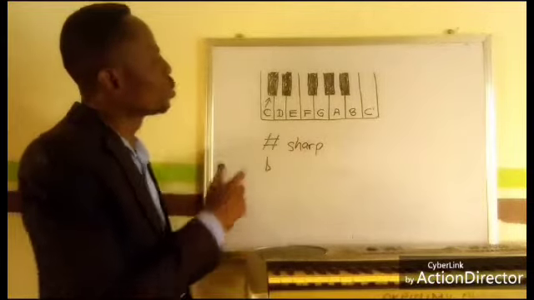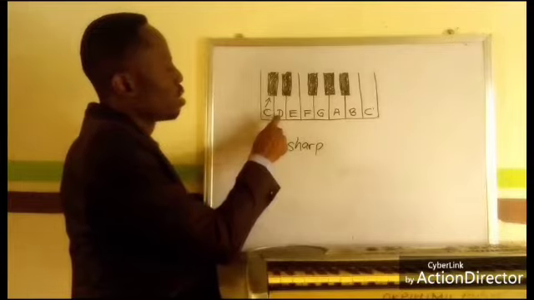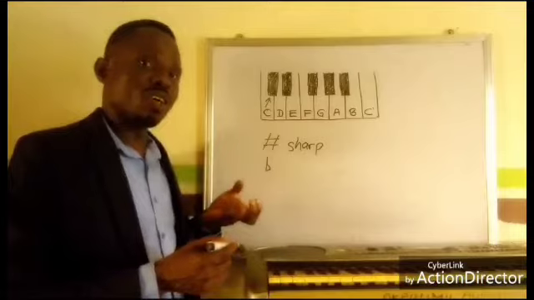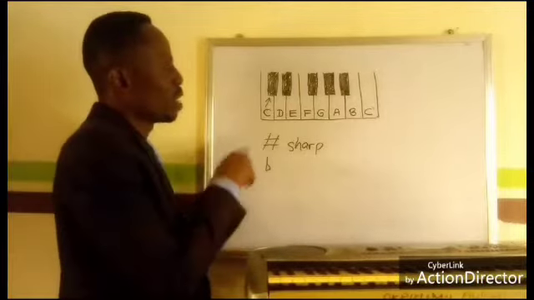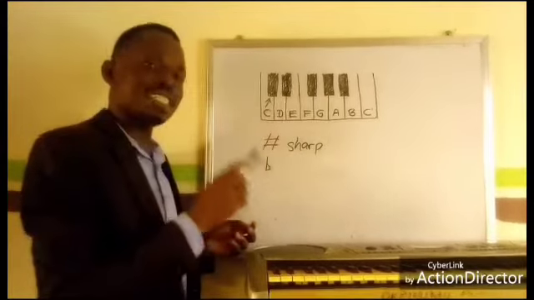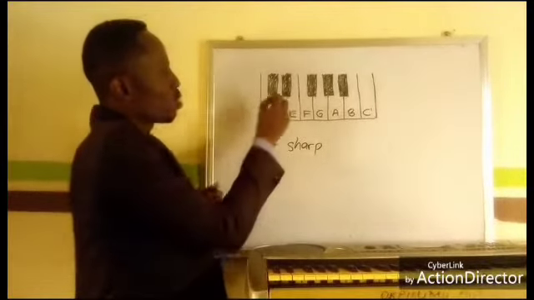Now, if I place a flat on D, it means D will be reduced by a semitone. Instead of going up, you're coming backward this way. So D reduced by a semitone will come back this way.